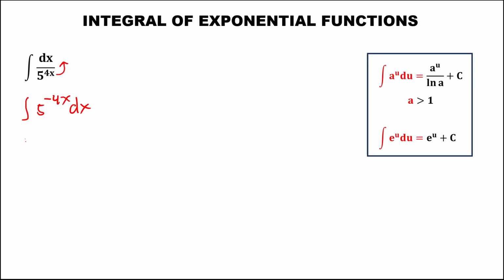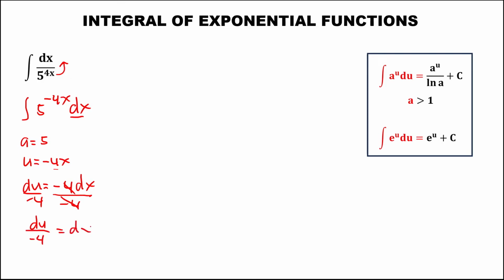So using the u substitution, a is the constant or the base, u is negative 4x, then du, the derivative of negative 4x, that's negative 4, then dx. To solve for dx, divide both sides by negative 4. So we have du over negative 4 equals dx.